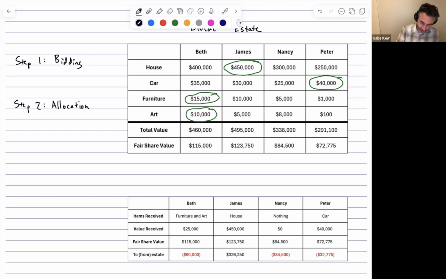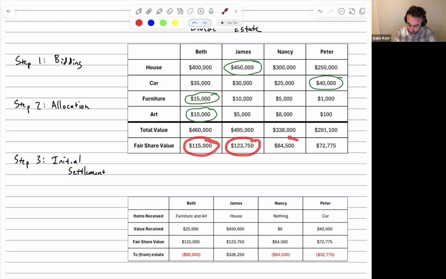All right, so what is step 3? Step 3 is called the initial settlement. We've determined up here the fair share value for each, according to each player. And the idea here is to look at the value received and to ask, well, Beth received only $25,000 worth of items.